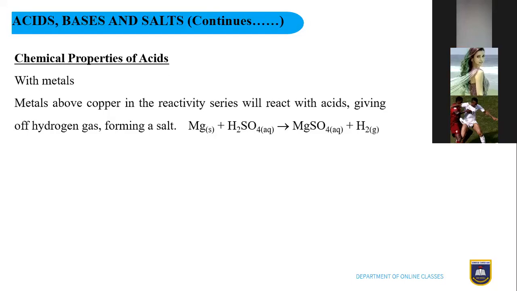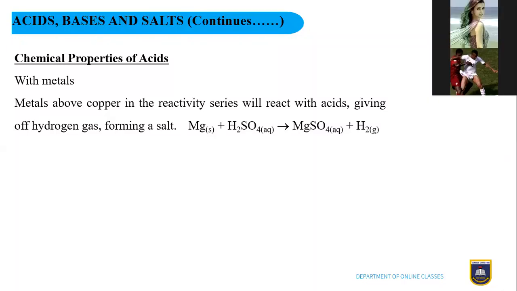But you should be able to make deductions. That's the point I'm making. So that if I give you an element that is not in this series, you can make the deductions, because all elements will certainly belong to the periodic table. I give you an element like beryllium. You should know where to put it.